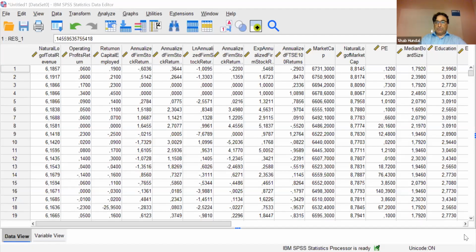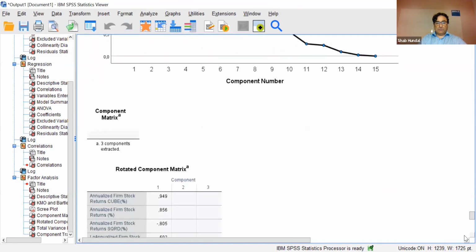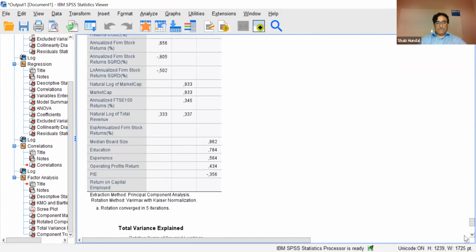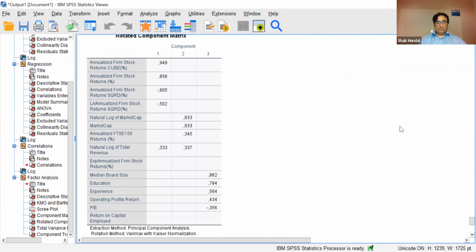But I take you to the main important areas where we need to have discussion. And this is this one. You can see that we have 3 factors, or they could call it components.